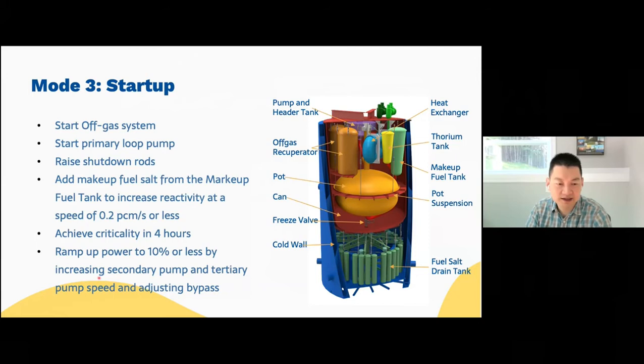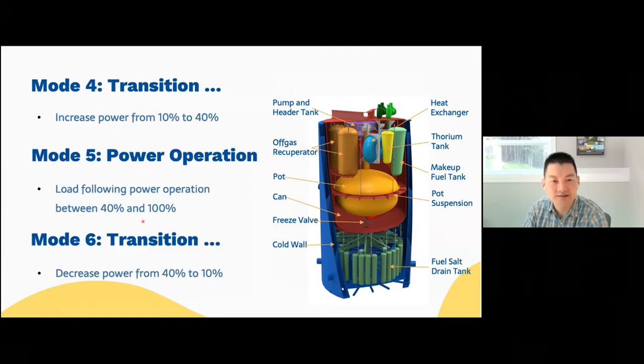We do that by increasing secondary pump and tertiary pump speed and adjusting bypasses, which we'll talk about in the next several slides. By the end of the startup mode, we're in a low power operating mode, which is less than 10%. And then we can go to the next mode.